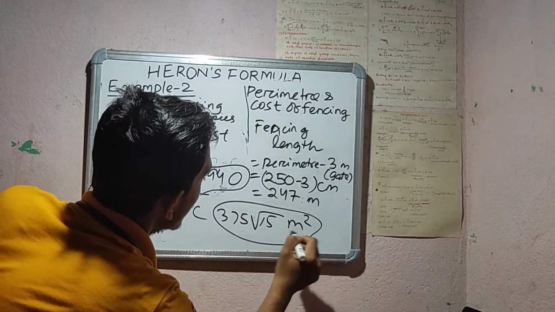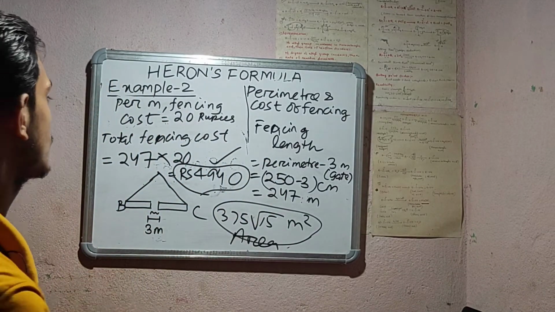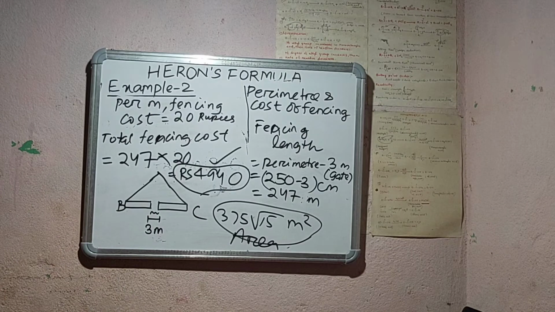This is your area, and this is your fencing cost. So in this way, you can solve this type of problem: triangular path, triangular board, triangular signal board, triangular field. In this way, you can solve.